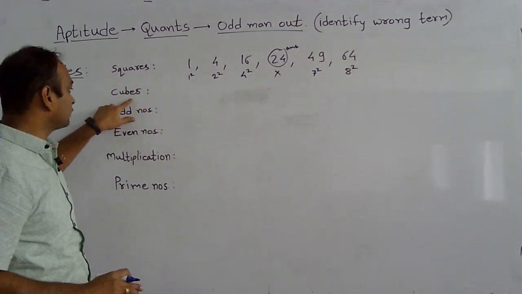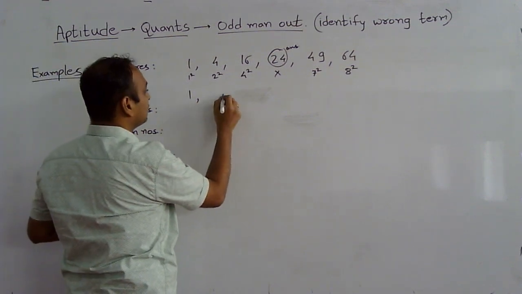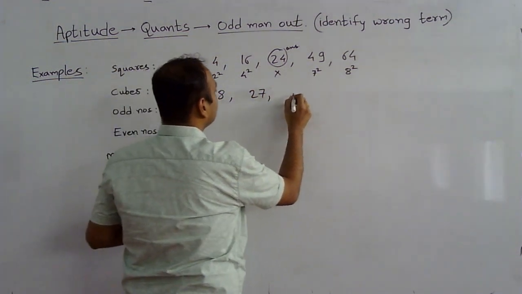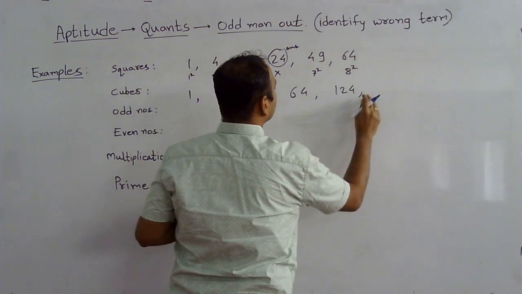Similarly, in case of cubes, let's say we have 1, then 8, then 27, then 64, let's say 124, and so on.